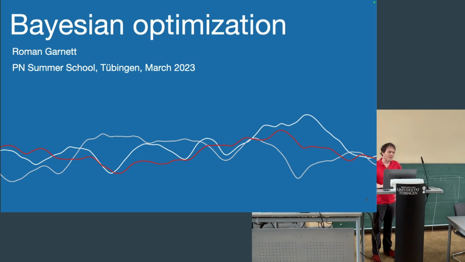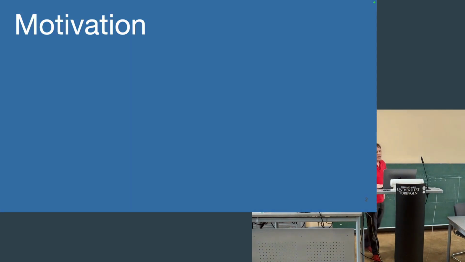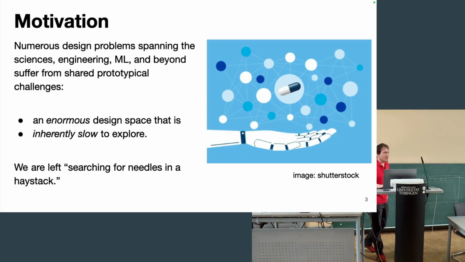So let's get started. I want to motivate Bayesian experimental design and Bayesian optimization. The motivation is that numerous design problems spanning the sciences, engineering, machine learning, and beyond suffer from these prototypical challenges: you've got an enormous design space, all the possible configurations you could configure your system in, and that design space is inherently slow to explore.